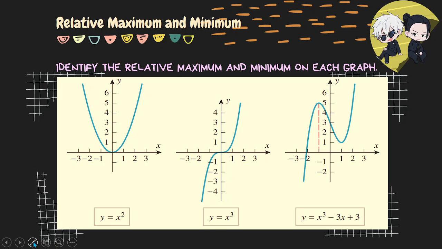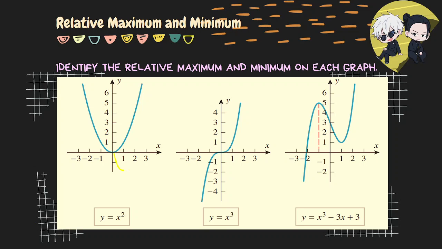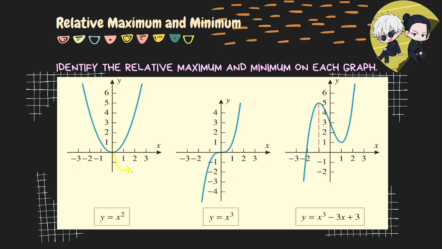Basically, this function has no relative maxima because, as you can see, it has arrows continuing to the left and continuing upward to the right. However, it has a lowest point here. So this lowest point is what we call a relative minimum at x equal to 0. So this point here. Okay?